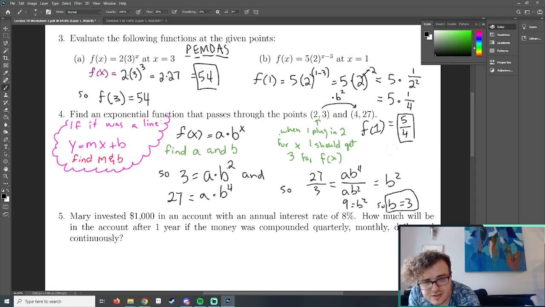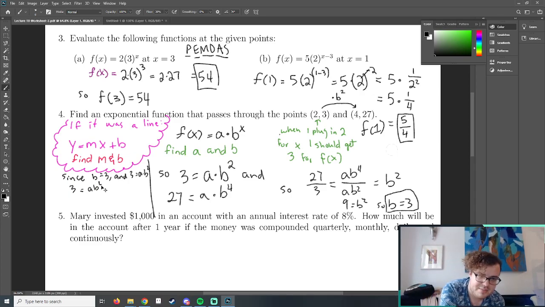So that's sort of the last thing, but I'll say since b equals 3 and 3 equals a times b squared, we can do 3 equals a times 3 squared, because b is 3, which means 3 equals 9 times a.